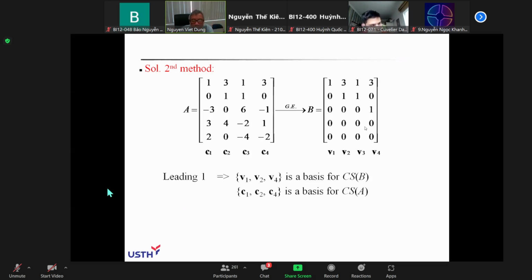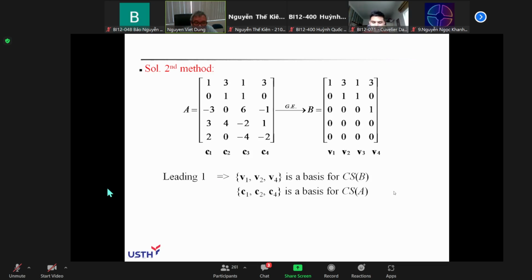The first, the second, and the fourth column. They will make a basis for the column space of B. And because of that, the corresponding columns in A, meaning C1, C2, and C4, will be a basis for the column space of A.